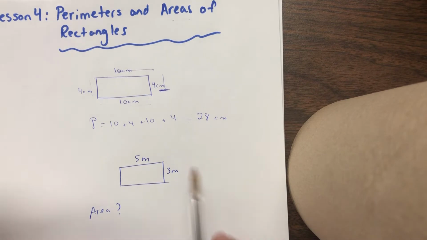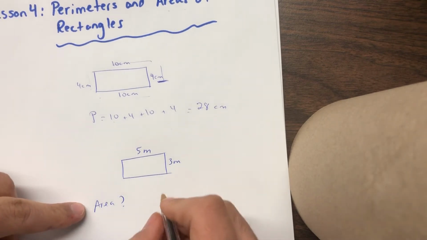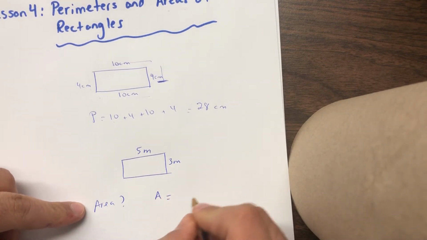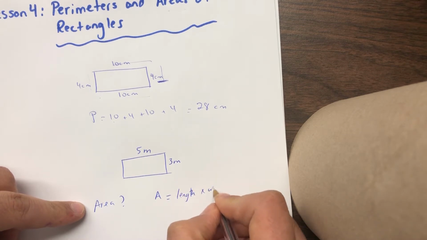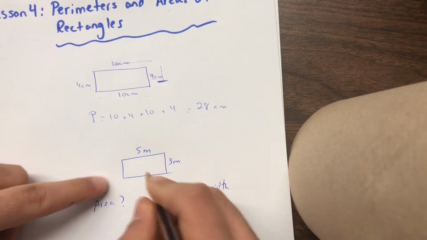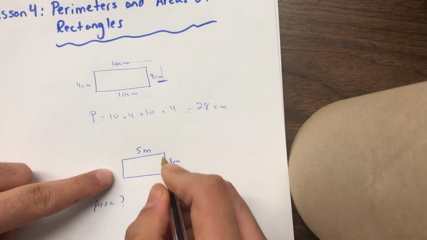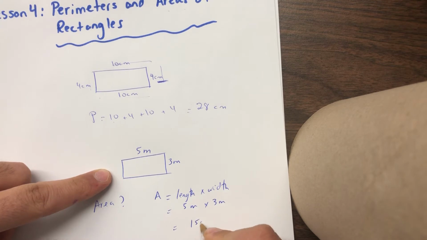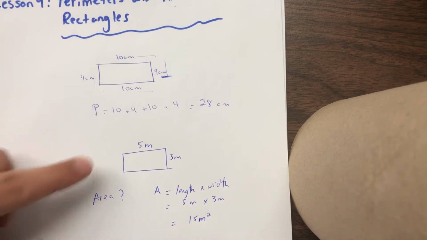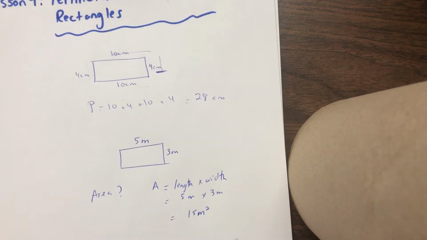It's just basically this. So again, you would go with the formula that we know, area is equal to length times width. We know that the length is 5 meters. The width is 3 meters. 5 times 3 equals 15 square meters.